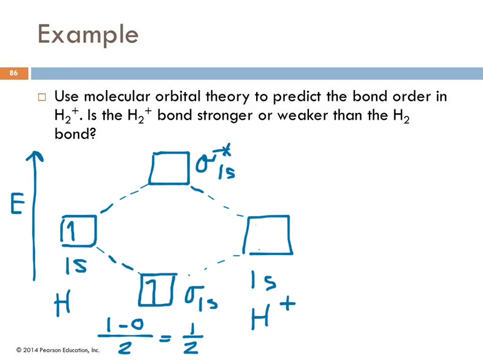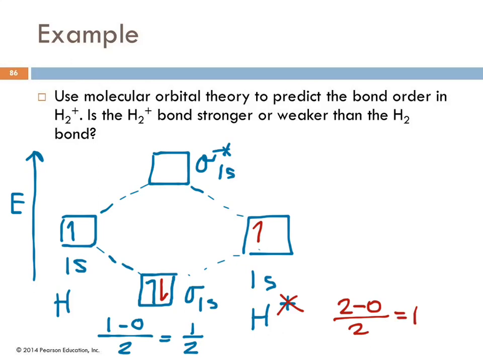Now, is this bond stronger or weaker than the H2 bond? It's weaker. Because for the H2 bond, there was a second electron in here, right? For H2, we had these two electrons, and this is gone. And then the bond order is 2 minus 0 over 2, which equals 1.